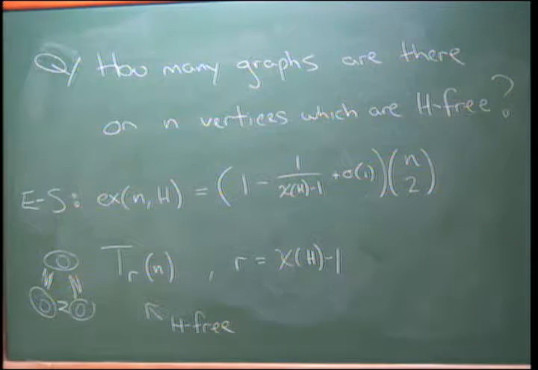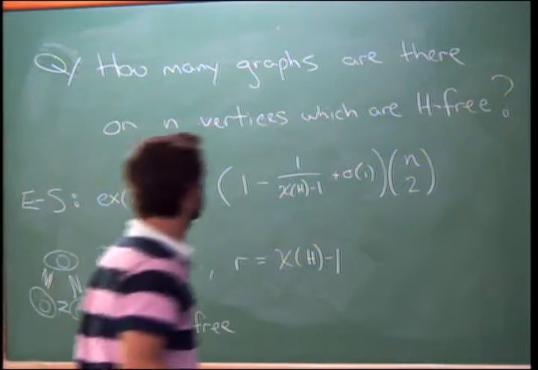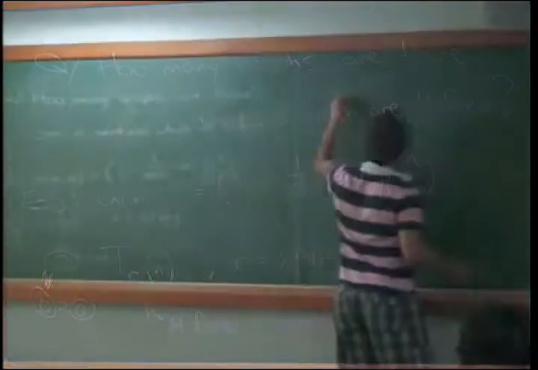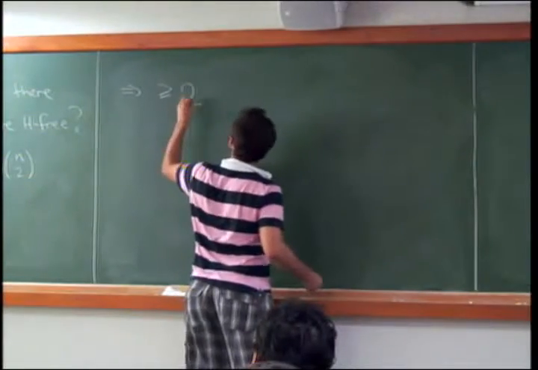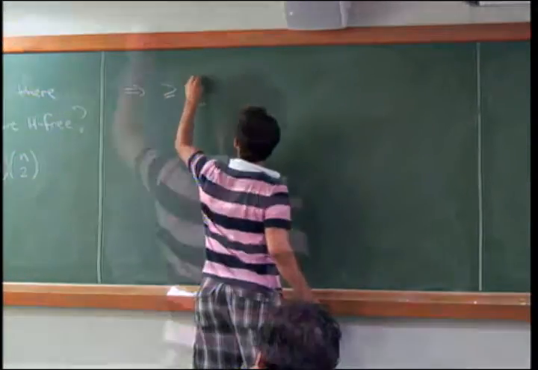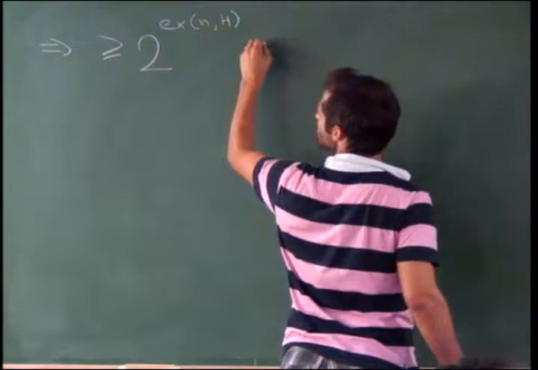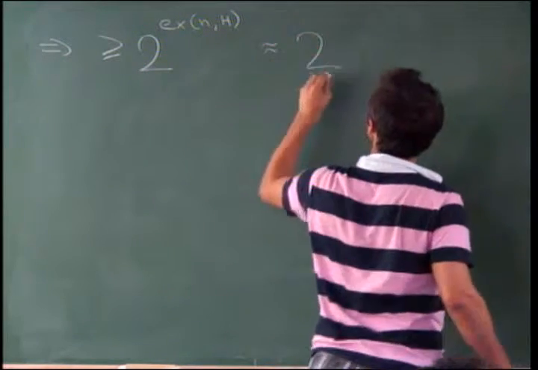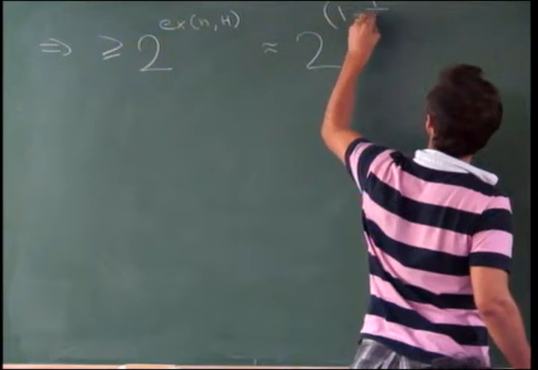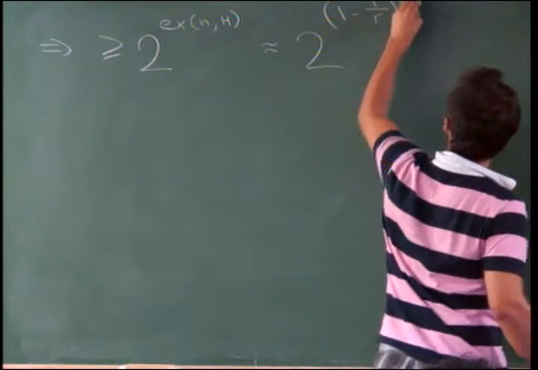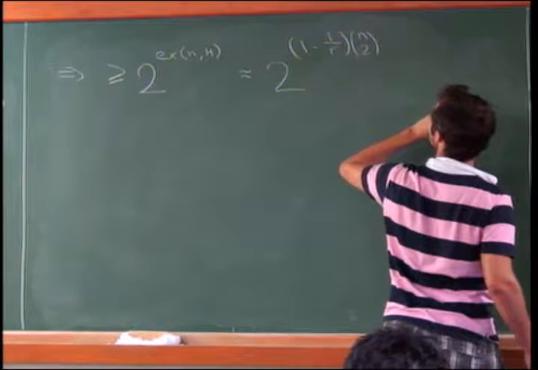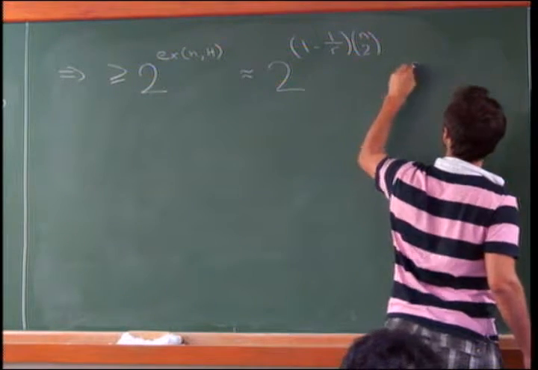So how many graphs have no H? Well, each edge you can either keep or not keep. This implies there are at least 2 to the power extremal number of H, which is basically 2 to the power (1 minus 1 over R) n choose 2 graphs.